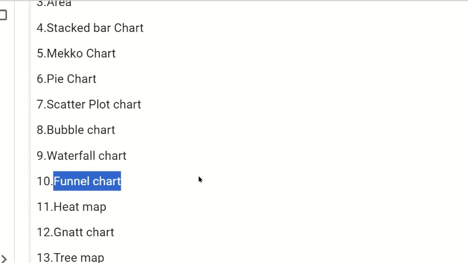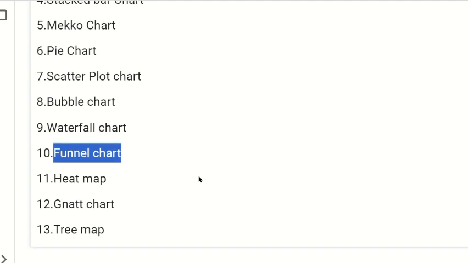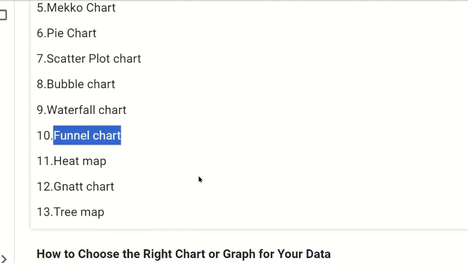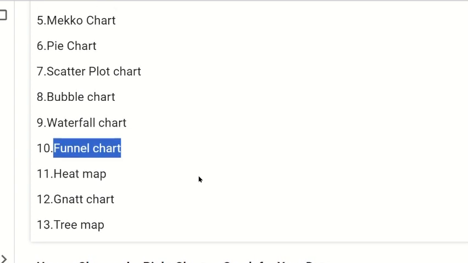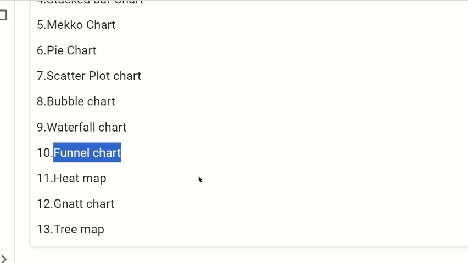Like if you take a hotel restaurant, the funnel chart represents according to the dishes. The most moving dishes will be the bigger part of the funnel, representing the maximum counts or numbers on the bigger funnel side, and accordingly it decreases by the number.